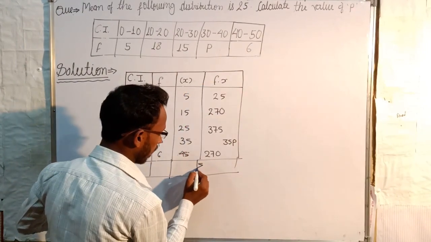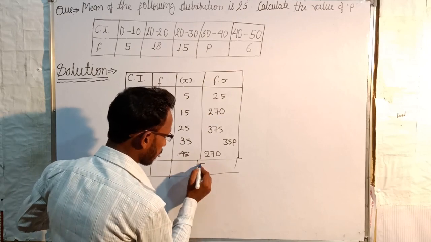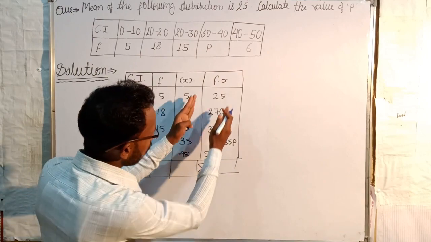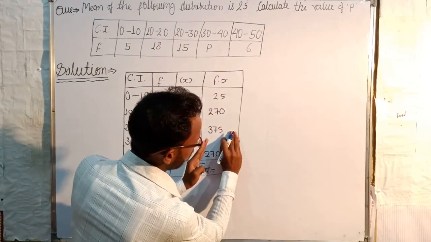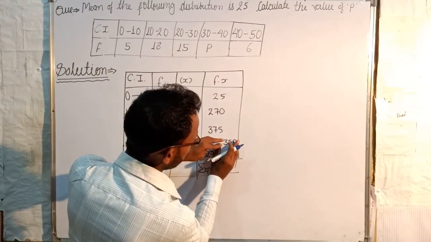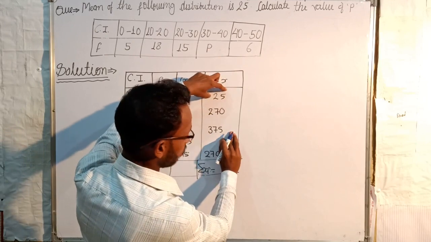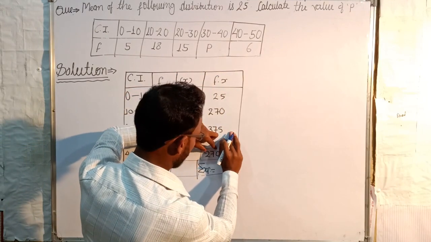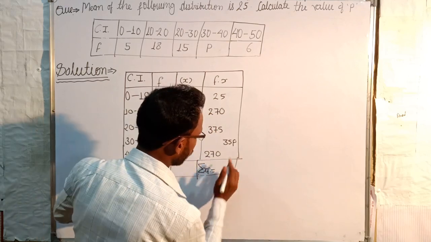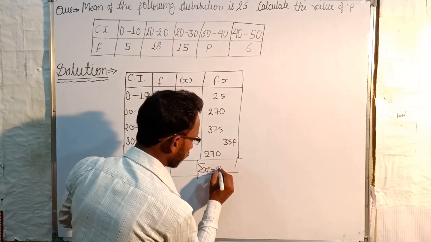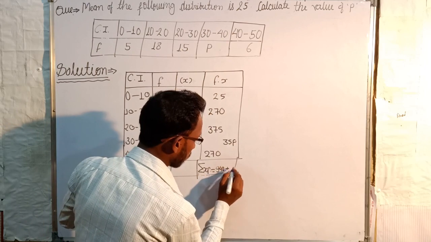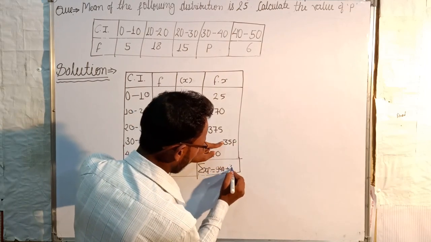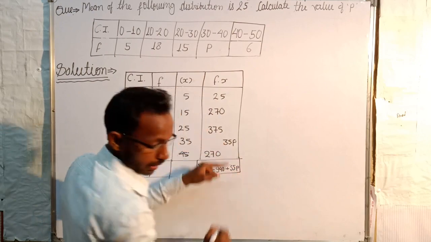That means you will have to find sigma xf. If you add all the numbers, not the 35p, since it is a variable term you cannot add it to the numbers. Add 25, 270, 375 and 270, then you get 940, plus 35p, which is a variable term.